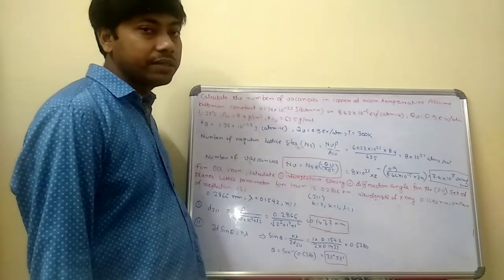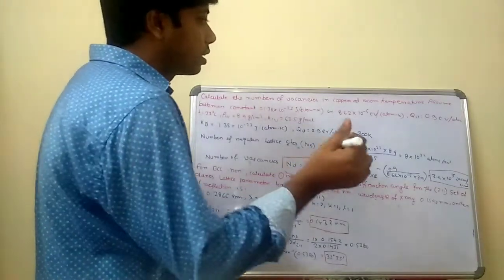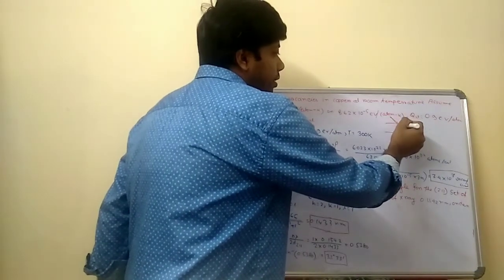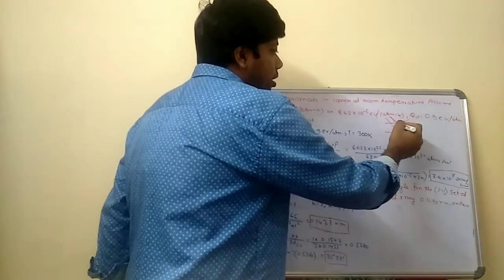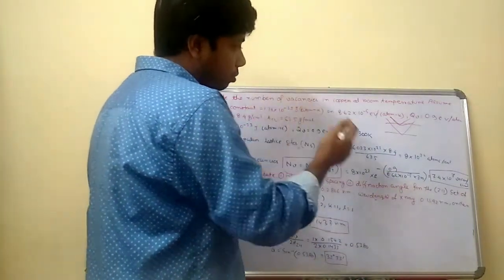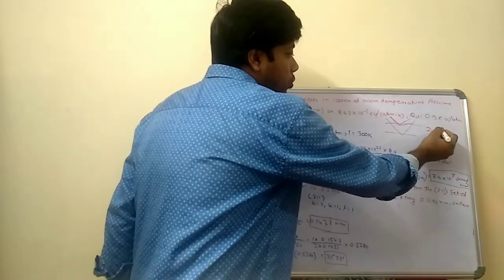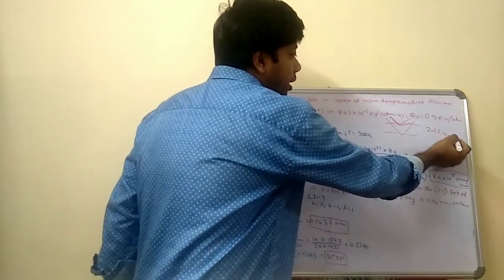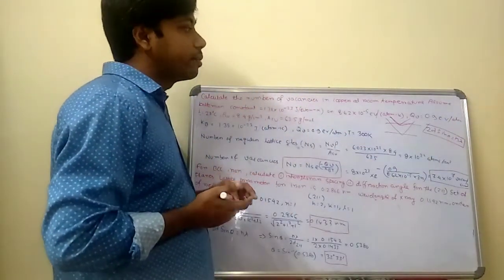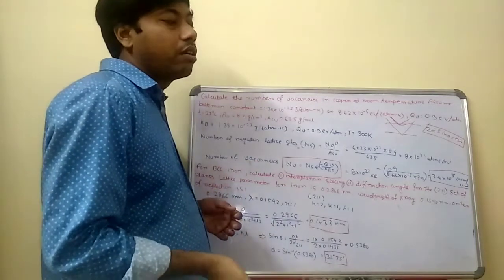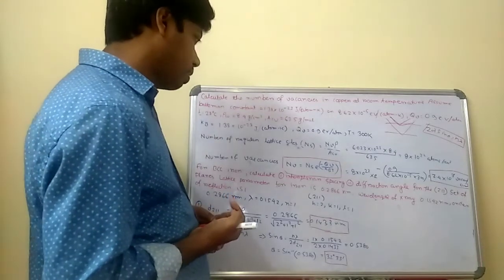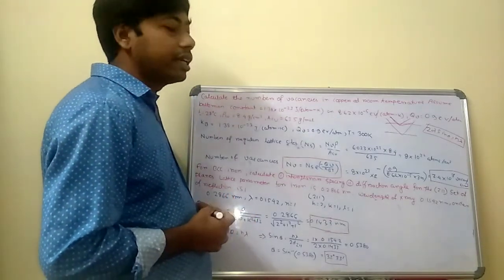As you know, Bragg's law suggests that when X-rays fall on the planes, 2d sin theta is equal to n lambda, right? 2d sin theta is equal to n lambda, where d is the interplanar distance, theta is your Bragg's or diffraction angle, n is the order of reflection, and lambda is your wavelength.